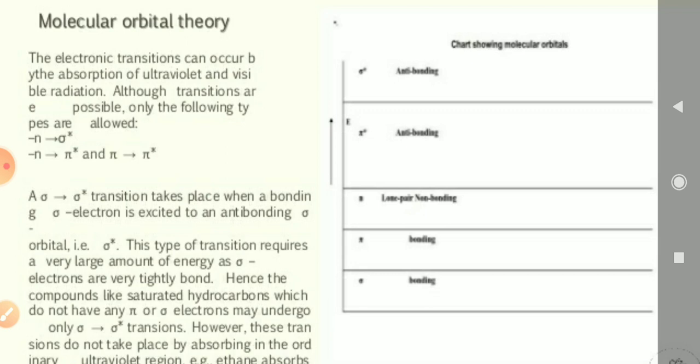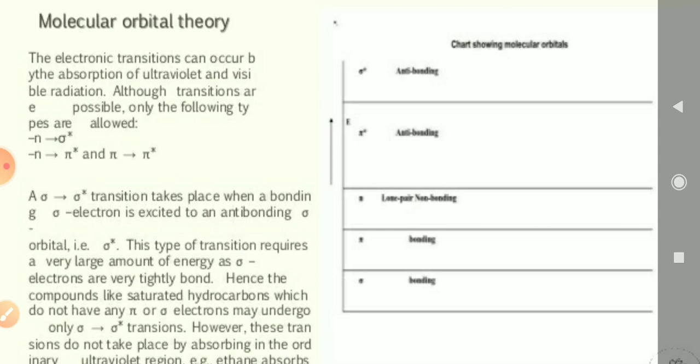A sigma to sigma star transition takes place when a bonding sigma bond electron is excited to its anti-bonding sigma orbital, that is the sigma star. This type of transition requires a very large amount of energy, as the sigma electrons are very tightly bonded.